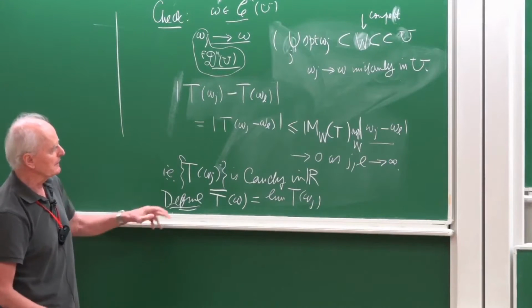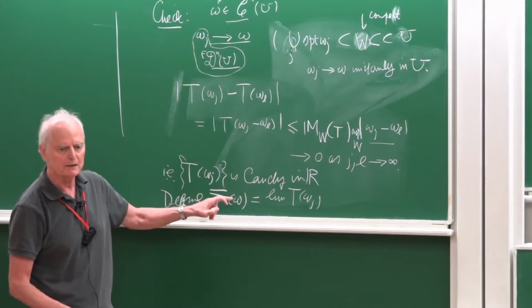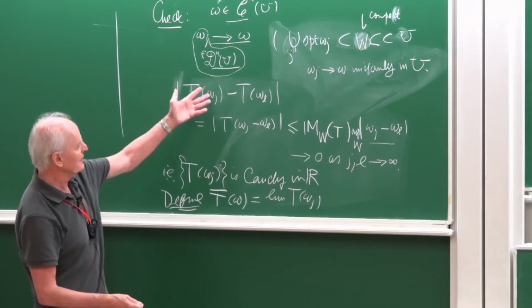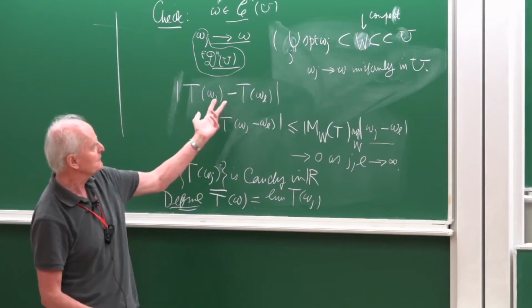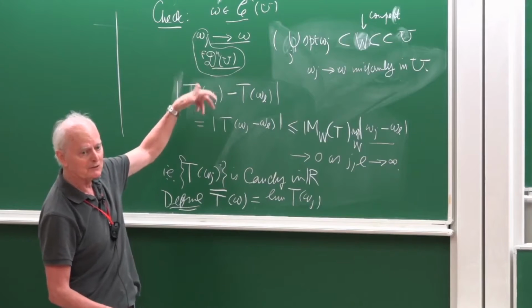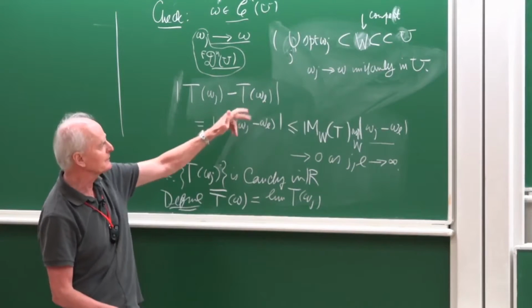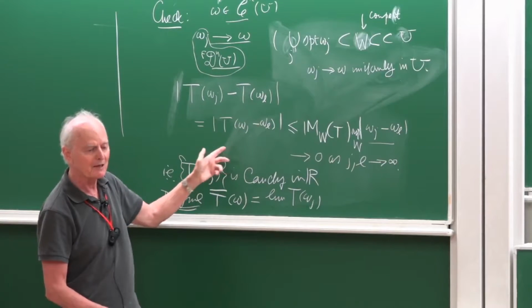So that's how to extend. One objection that might arise is, what if we take a different sequence converging to omega? How do we know this is the same? Well, of course it's the same, because you can interlace a new sequence with this old sequence. The same argument will still work. You're still converging to omega, so it's still Cauchy, and you get the same limit.